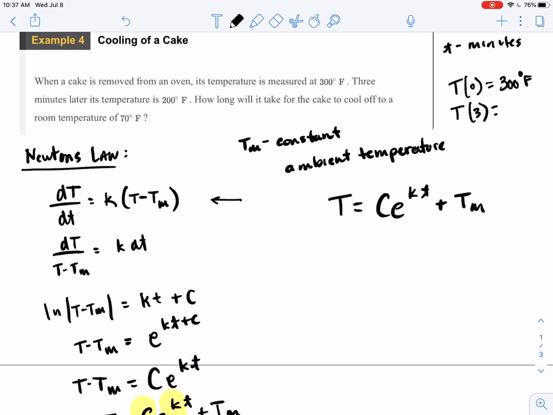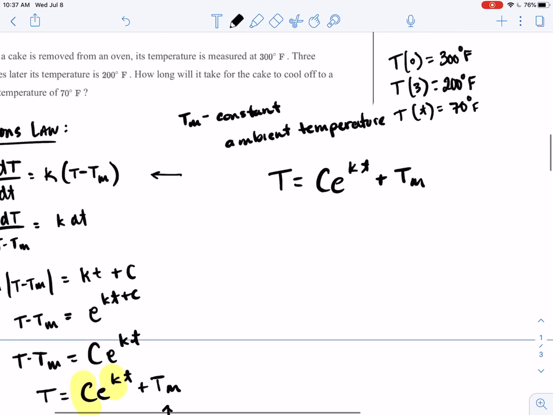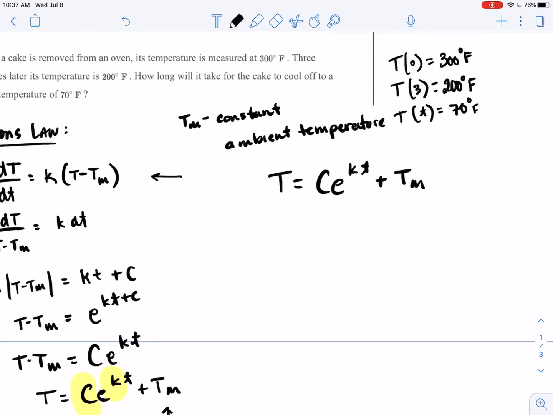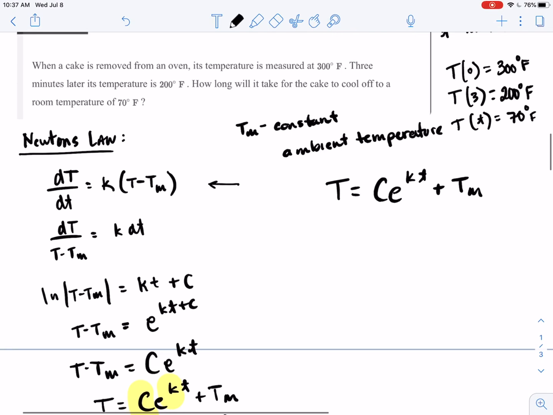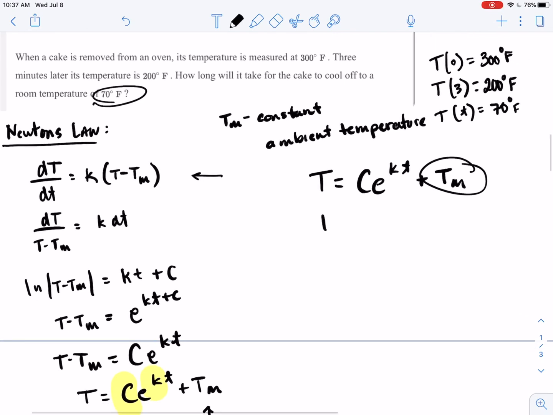T(3) is going to be 200 degrees Fahrenheit. And we're looking to see how long, right, what time is it going to go back to room temperature of 70 degrees Fahrenheit, okay? So anytime you see room temperature, that goes in for your T sub m.